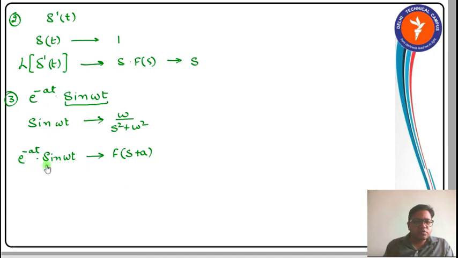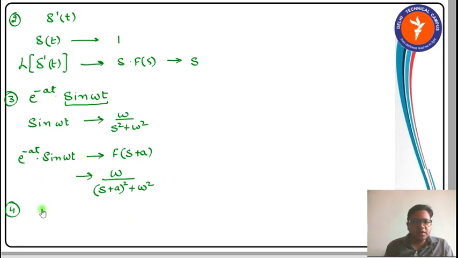So the Laplace transform of e raised to minus at sin omega t should be, I will replace s with s plus a. So in this function I will replace s with s plus a, and I will get the solution as omega divided by (s plus a) square plus omega square. So this is the solution.